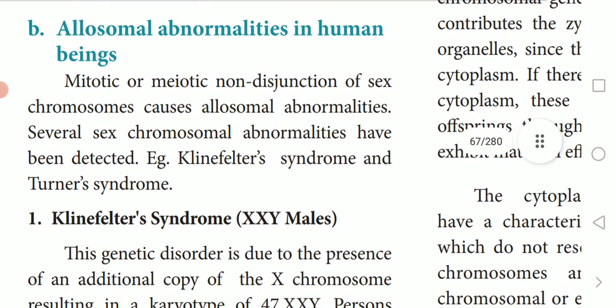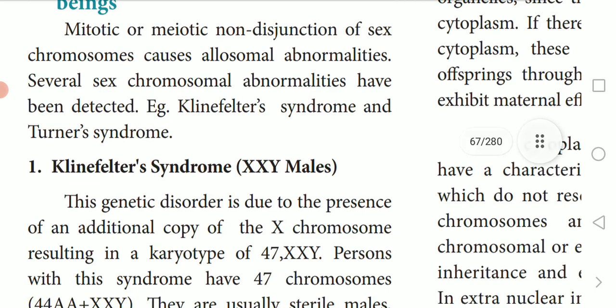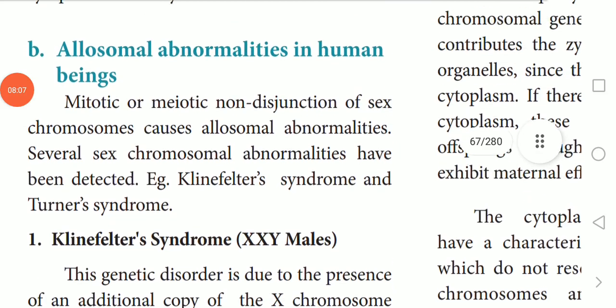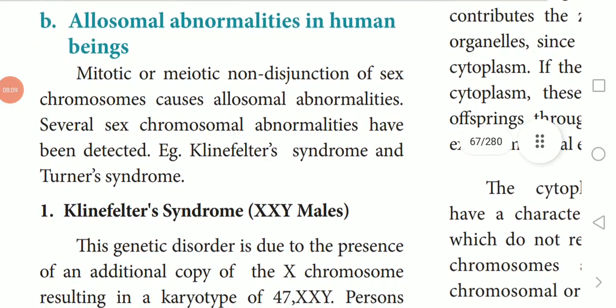The next one is allosomal abnormalities in human beings. Mitotic or meiotic non-disjunction of sex chromosomes causes these abnormalities. Several sex chromosomal abnormalities have been detected, for example Klinefelter's syndrome and Turner's syndrome. What is an allosome?